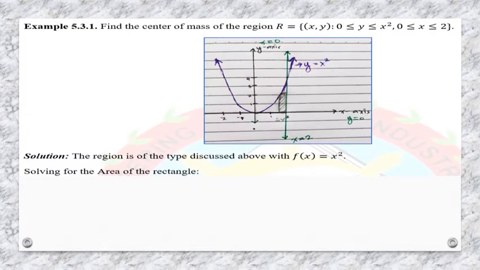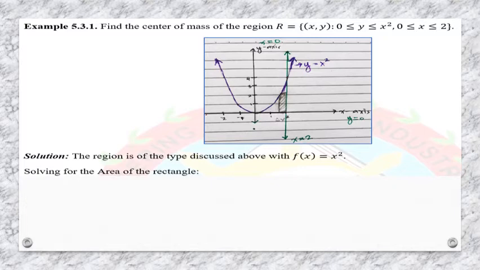For example, find the center of mass of the region R equals the set containing (x, y) such that yung y natin is from 0 to x squared, and then ang x natin is from 0 to 2. So which means, kailangan natin kunin yung graph nito. Ang graph ni y equals 0 is yan yung x-axis. Okay, so ito yung, wait lang.